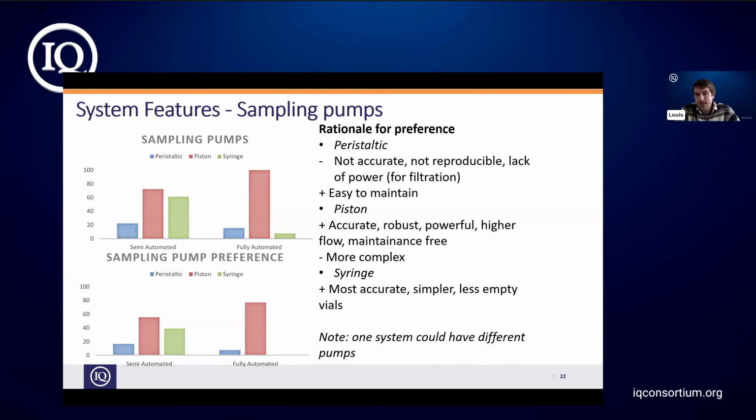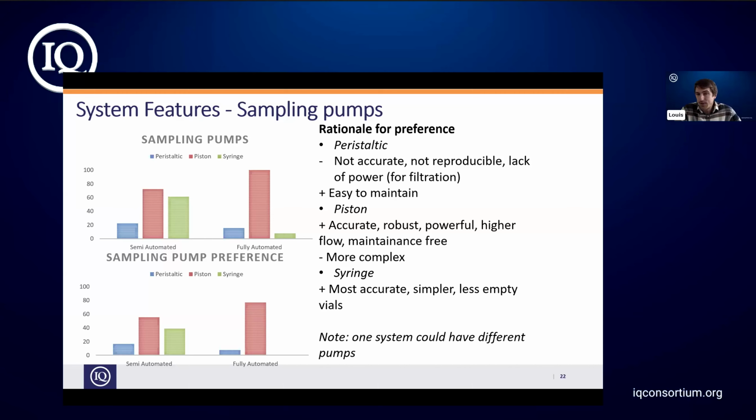You'll also notice that this doesn't make up 100% in total. That's because responders could have multiple systems with different types of pumps, or maybe there's systems with multiple pumps within one system.